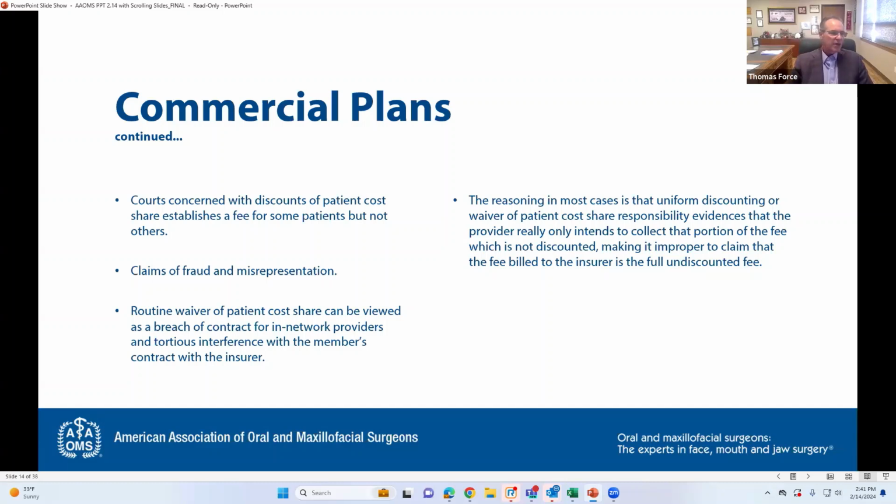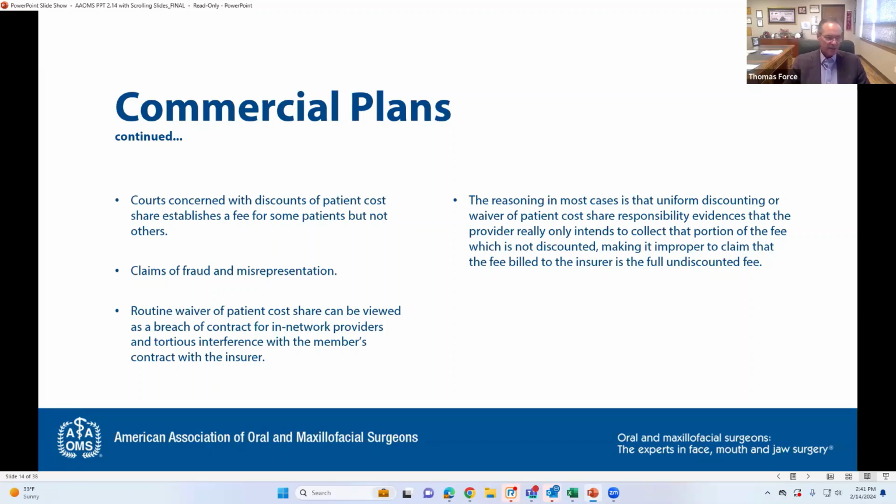The reasoning in most of the lawsuits that I've looked at is that uniform discounting or waiver of patient cost share responsibility, a practice of waiving these balances, and again, it's not a one-shot deal, this is a recurring, systematic practice of waiving balances, is evidence that the provider is really only intending to collect that portion of the fee which is not discounted.